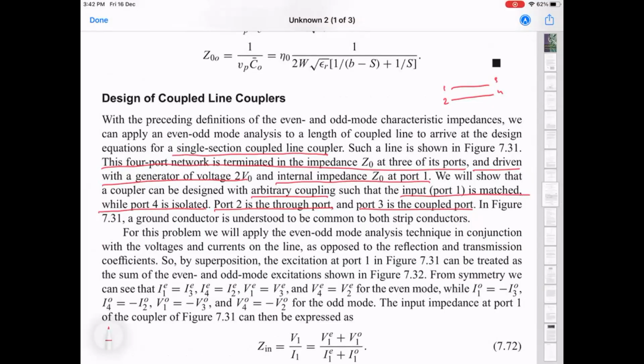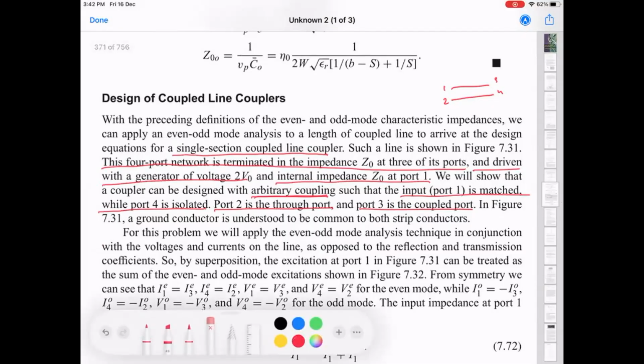And by choosing the even and odd mode impedances in a particular way, you can get a situation where, provided everything is terminated with matched loads, which is 50 ohms or Z naught, you have arbitrary coupling, input port matched, port 4 isolated, and port 2 is the... okay, I guess the numbering here is different. Let me write the numbers in the right way.